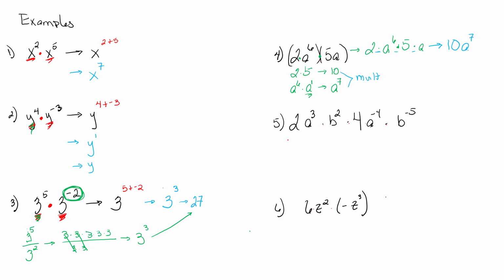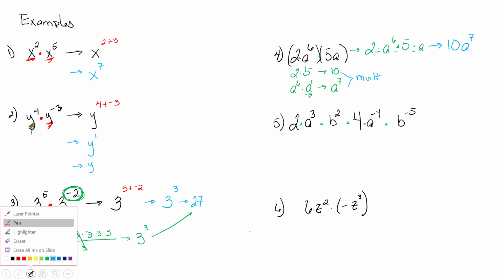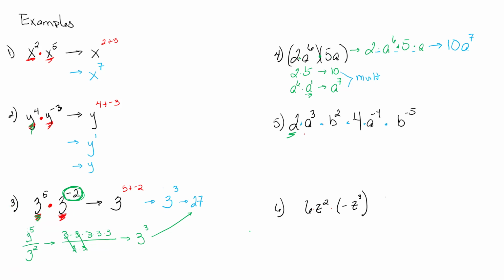All right, let's look at number 5 then. Do you notice number 5 is basically the same problem as number 4? I have got a bunch of multiplication in between everything, and I am multiplying numbers together, I am multiplying a's together, and I am multiplying b's together. So they've given me 3 problems to work on.